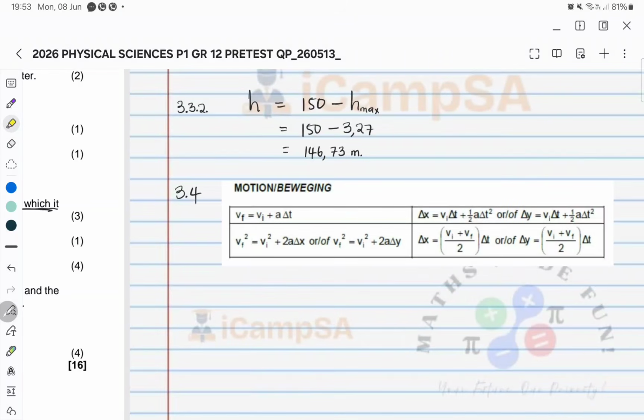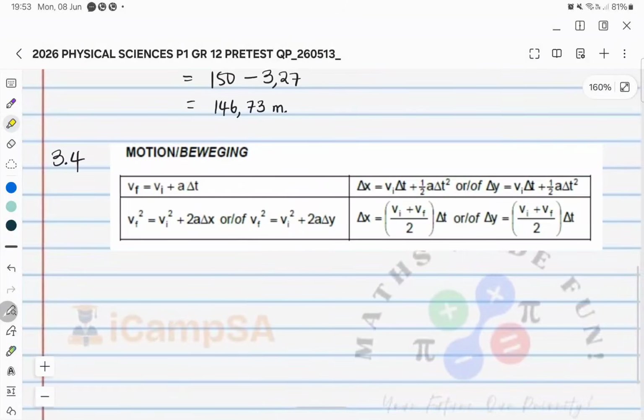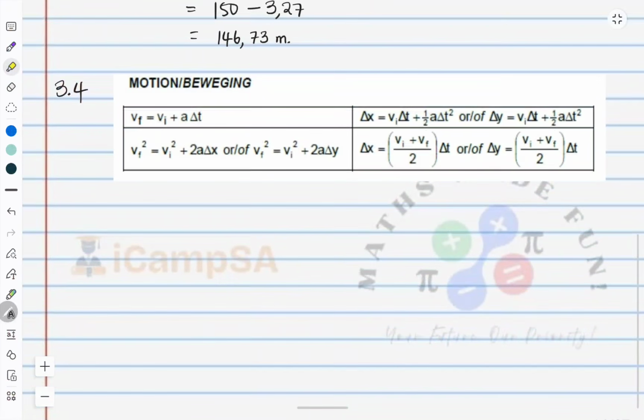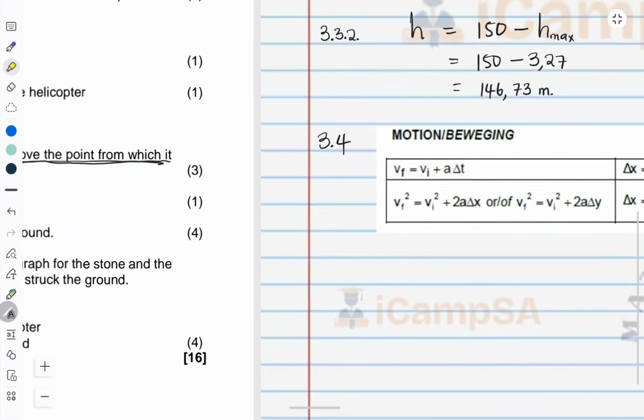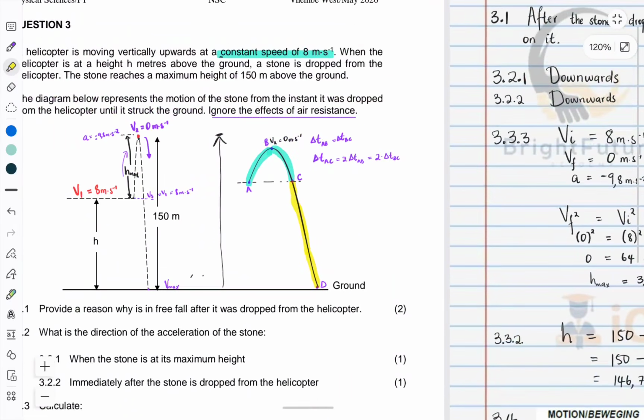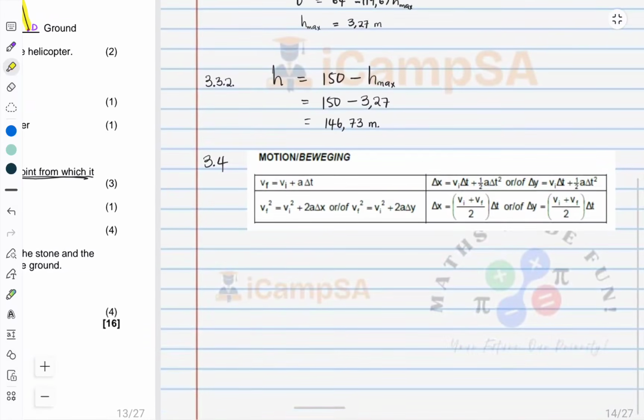So these are the formulas that you will also have in your formula sheet, if you remember when I showed you earlier when we picked our first one. So what we can do here, I think, let's do this.